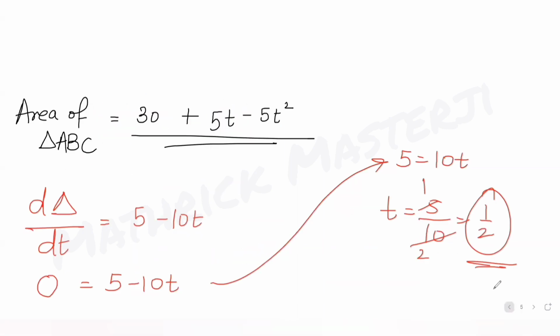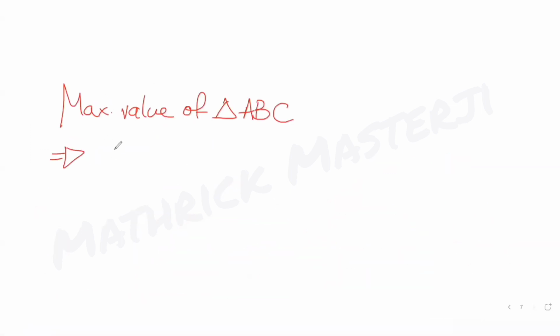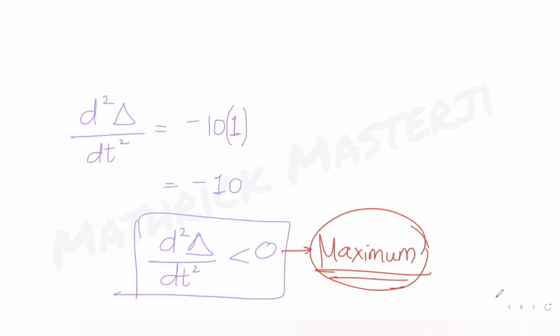Now let's find the maximum value of the area of triangle ABC at t is equal to half. If I substitute t is equal to half in this expression, I have 30 plus 5 into half minus 5 into half square.